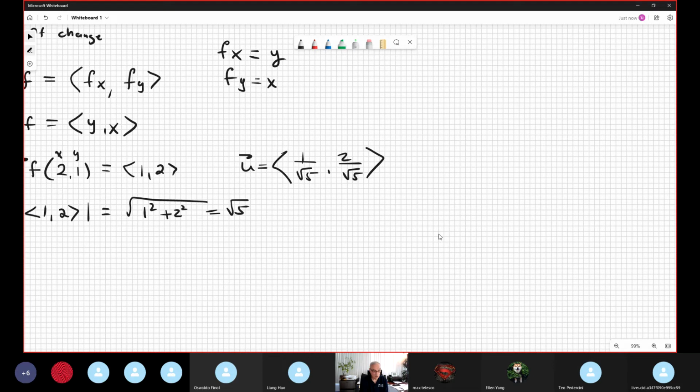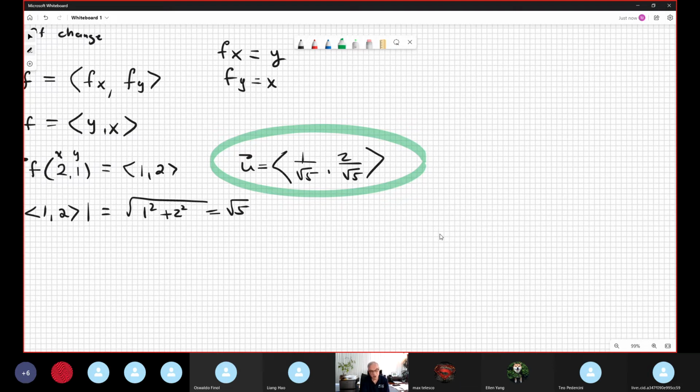So one answer for that question is that the direction is pointing along this unit vector. If you are at the point 2, 1 and you move in that direction, your rate of change is maximum.